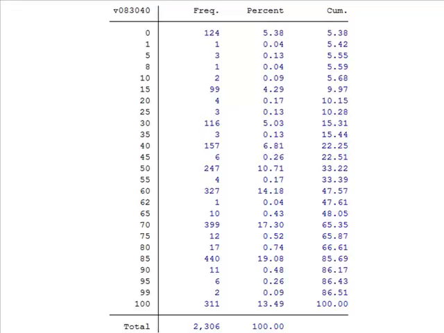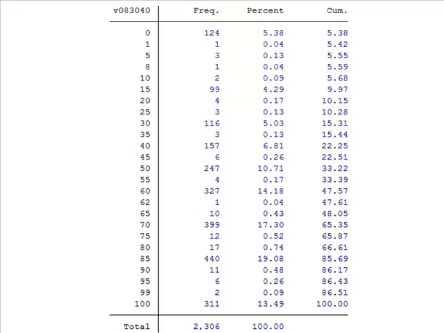So here we go. This is Stata output for that variable. How many people said 0? Reading the chart that's on the wall, 124 people out of the 2,306 said 0. Okay. Now when you display a frequency, I put the 3 most common numbers that are done in a frequency table.